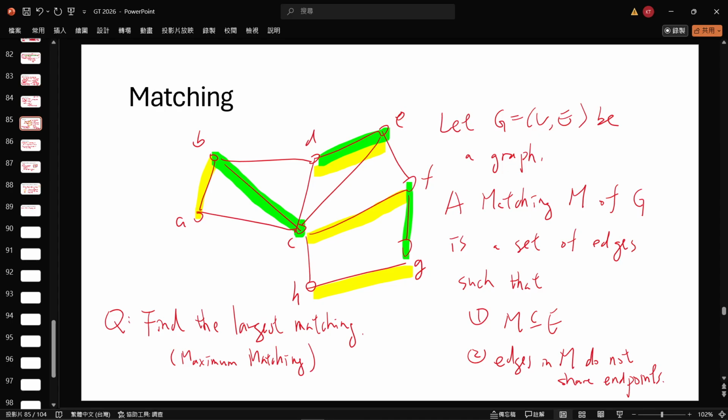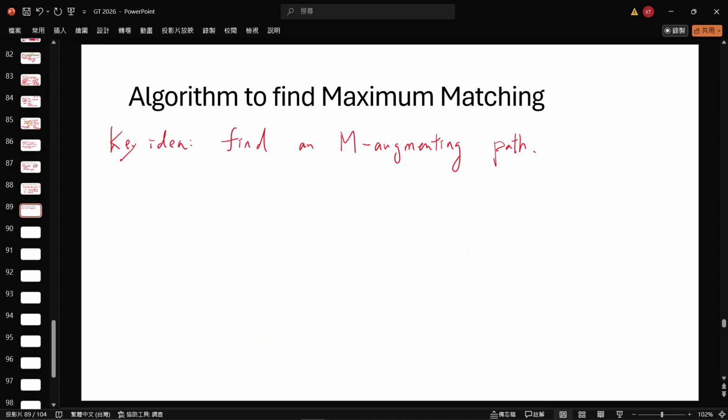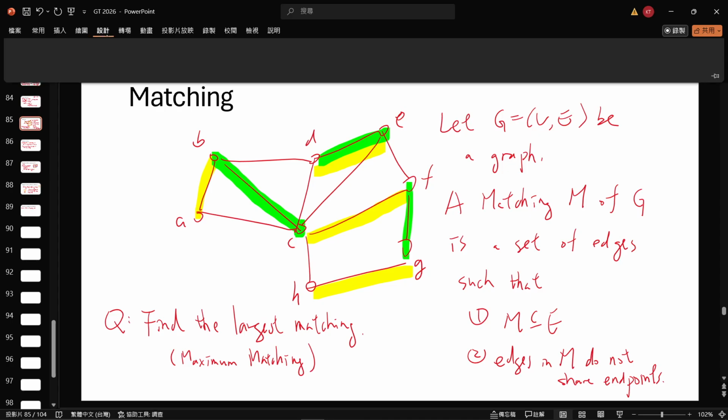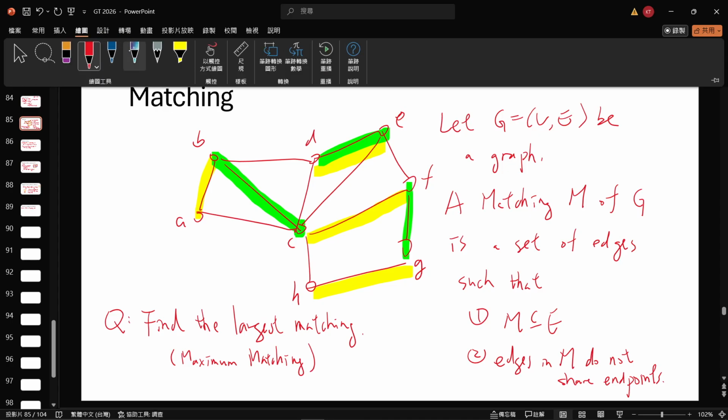So what we do is to find a special path. This special path is called an M-augmenting path. Augmenting means to make it larger. I'll just give you an example here. For example, let's consider this path.